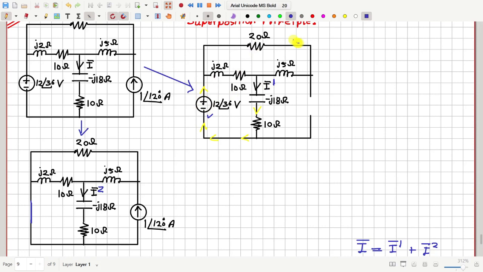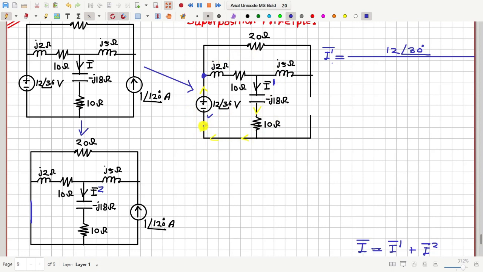And how much is this source current? I1 is same as the source voltage, which is 12 angle 30 degree divided by the total impedance from here to here across the source. How much is the total impedance?